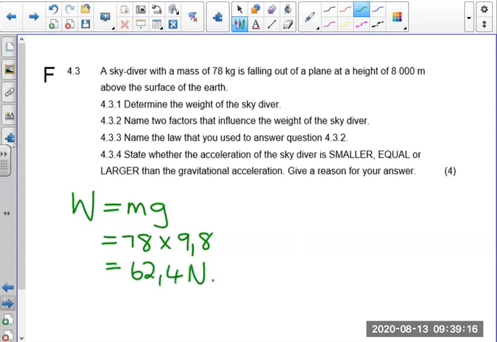Okay, that would be the answer. 62,4 newtons. The next one, they say, name 2 factors that influence the weight of the skydiver. Number 1, the mass of the Earth, and number 2, the distance that this skydiver is from the Earth.